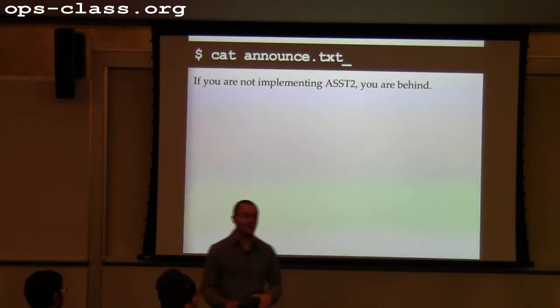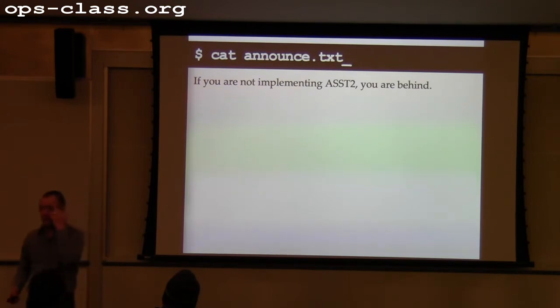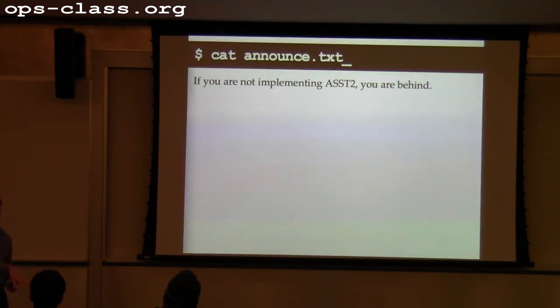Part of the reason we asked you to write this design in the first place is so that the TAs can have some idea of what you're trying to do. One of the things they may do if you have a question is look at your design and try to figure out what you are trying to accomplish. Because for assignment 2 and assignment 3, the code bases get really big. With your locks and CVs, I or the TA can sit down, and in about 30 seconds, we can look at your locks and CVs and tell if they're right.